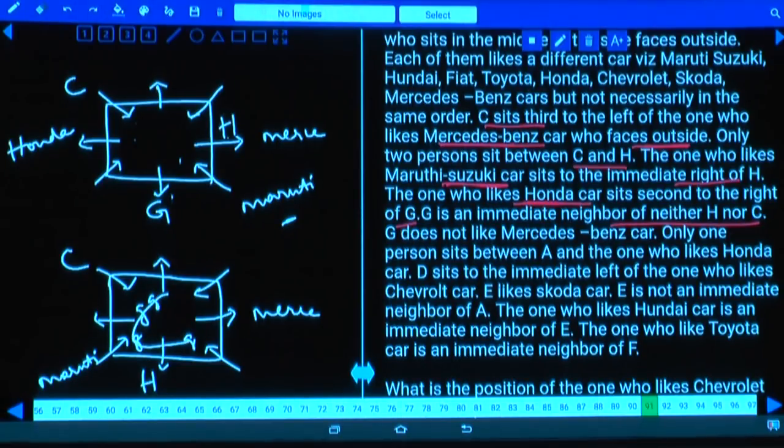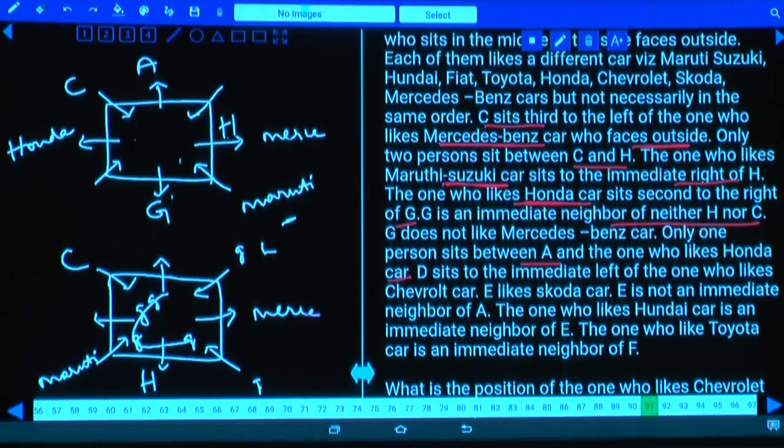Or if G is at this place, then this person must be Honda car. There are 2 possibilities for G and a Honda car. As of now we cannot finalize this. And only one person between A and the one who likes Honda car. If this person is Honda car, only one person.